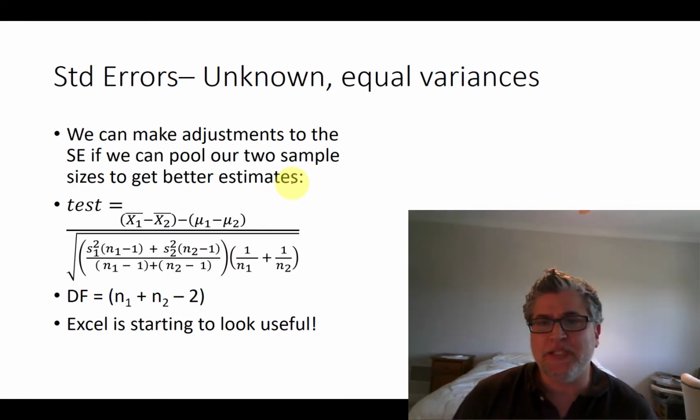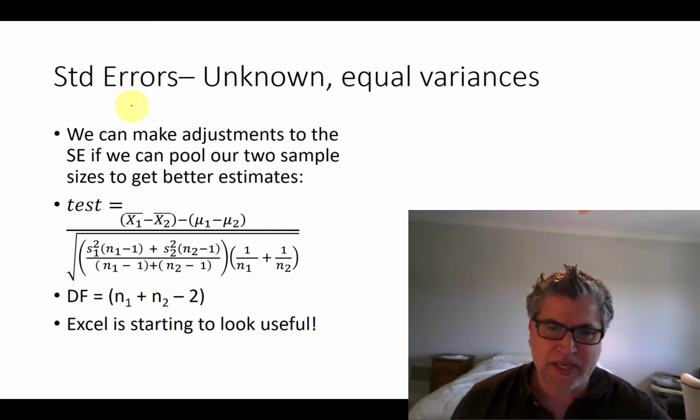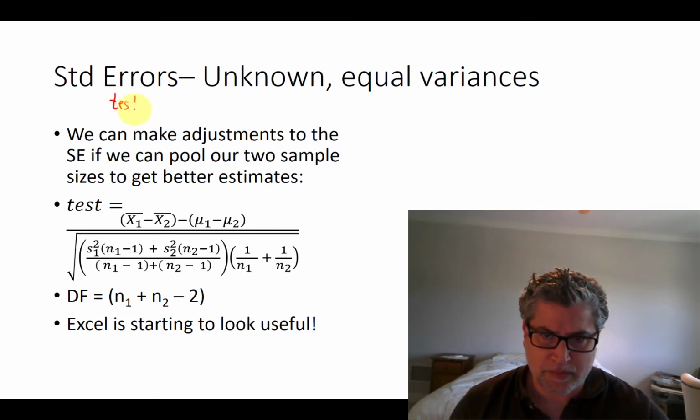Special case here is we don't know what the population standard deviations are, but we believe that whatever they are, they're going to be equal. All right, then our test statistic still follows this form, where we've got the average difference minus the hypothesized difference, and then we divide by the standard error.